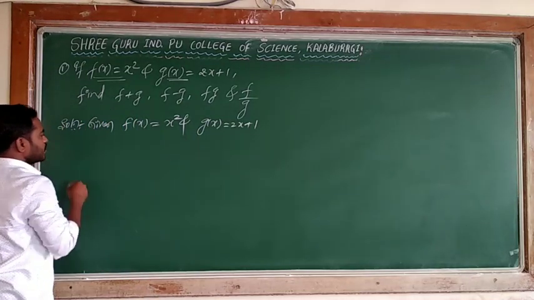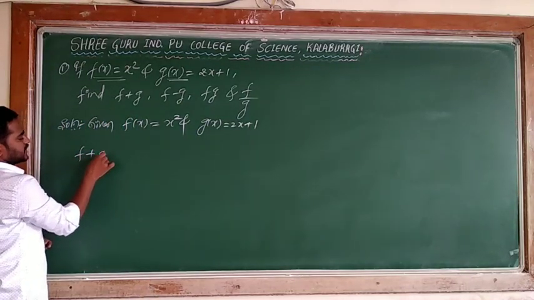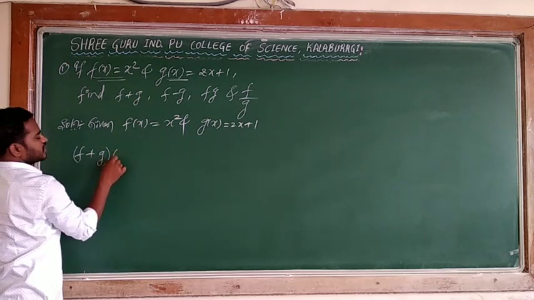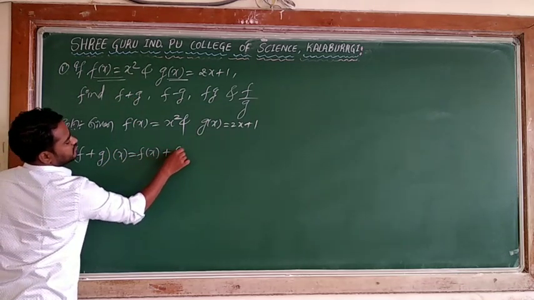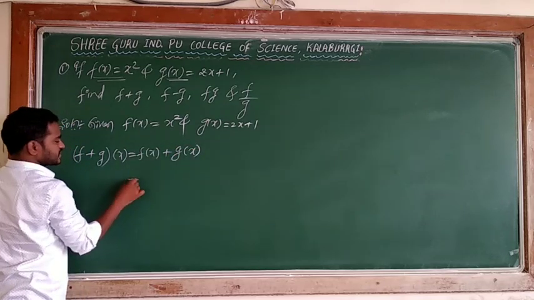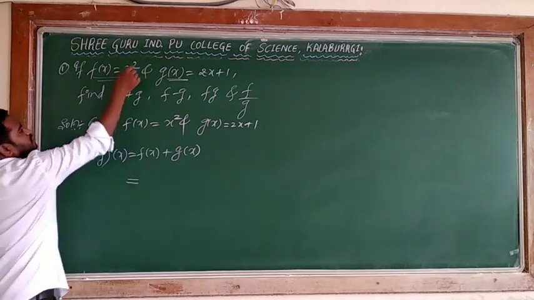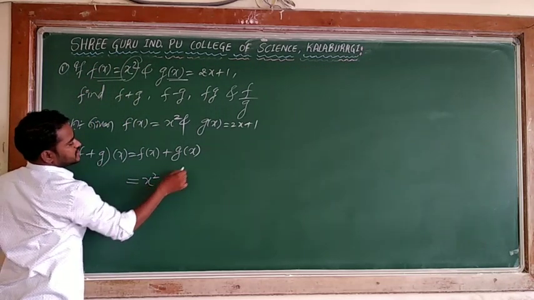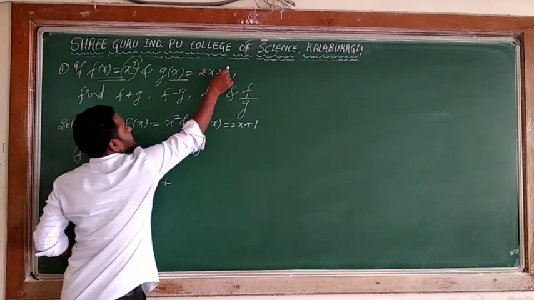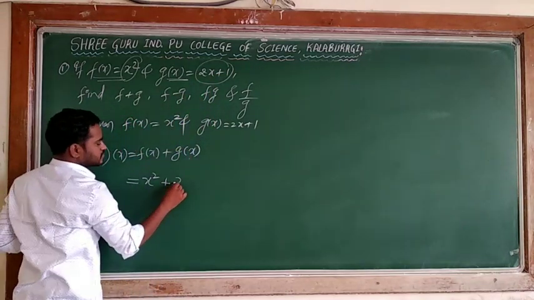Now what is the first one? f plus g. Whenever f plus g is given, it means you take f plus g of x is equal to f of x plus g of x. What is f of x? f of x is nothing but x square, plus g of x, which is 2x plus 1.